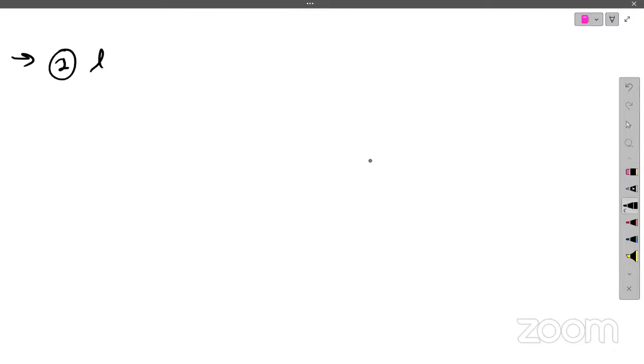Ma'am, one strange thing that I noticed in the practice assignment, in the log section, there was something which had multiple bases and multiple inputs in one expression. So there what you have to do is use the property of log to generalize the base.